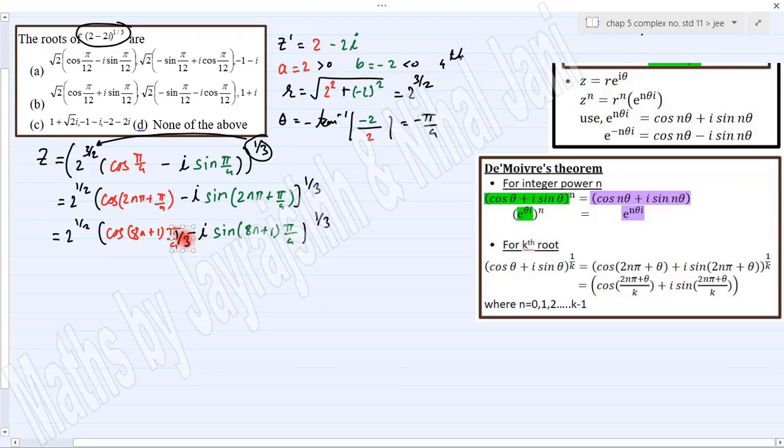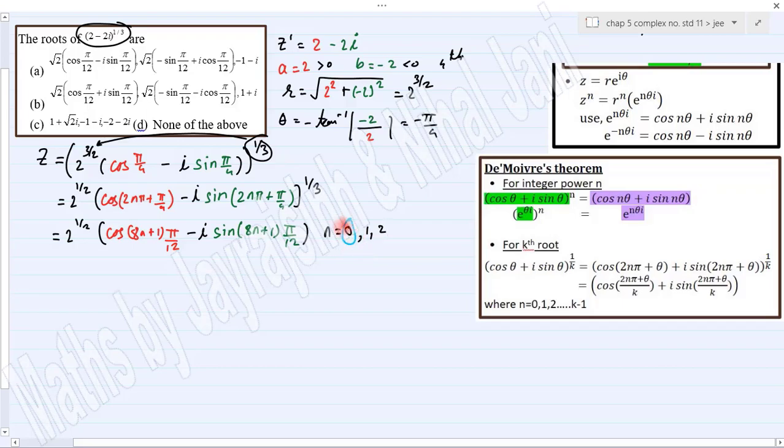We have to multiply the power with the angle. So we will get cos of 8n plus 1 pi by 4 into 3, or we can say pi by 12. Same thing with the sine, where your n must be 0, 1 and 2. So we are ready to get the roots.